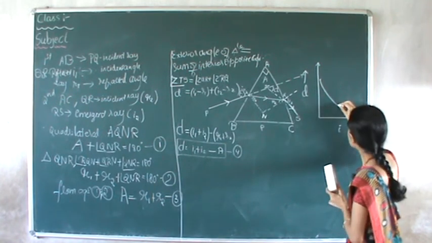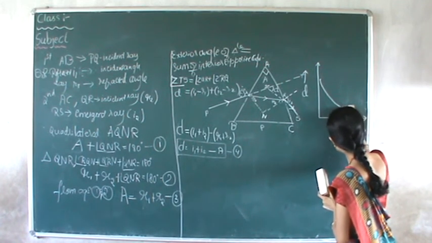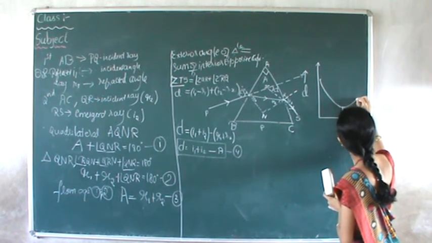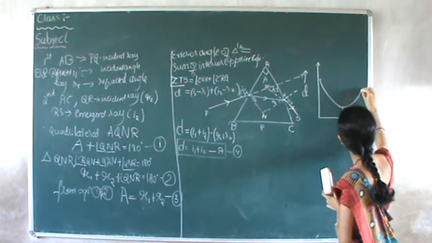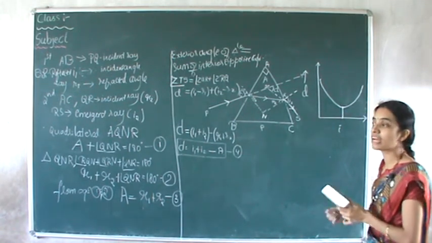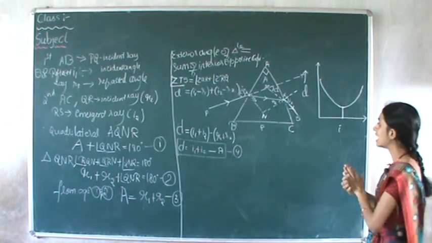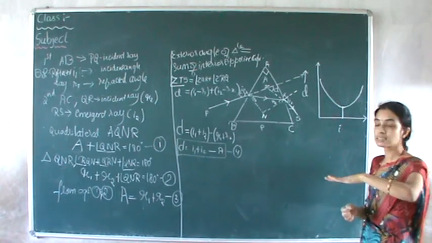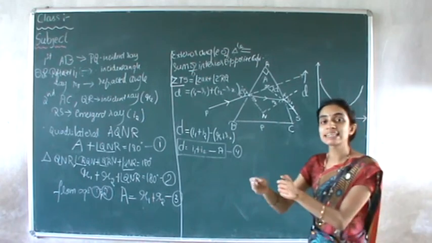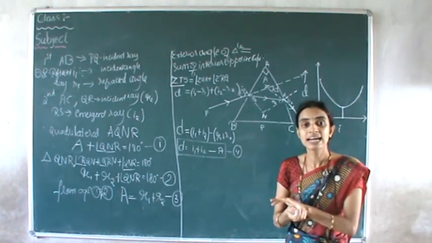Next, at a certain point, the deviation will be minimum, and once again with further increase in the incident value, deviation value increases. Just carefully observe the graph. Initially incident value was less, deviation value was more. As we go on increasing the angle of incidence, deviation value has decreased.